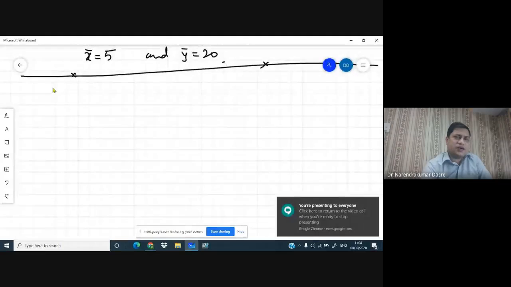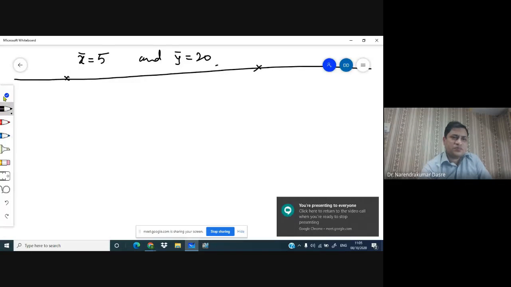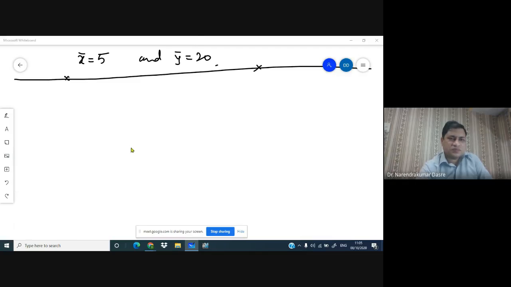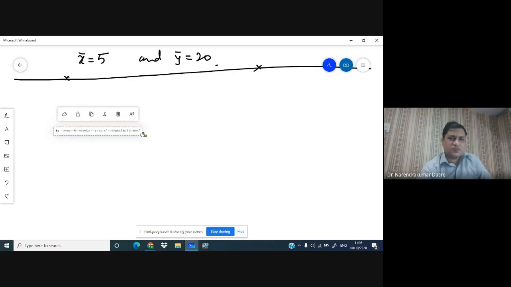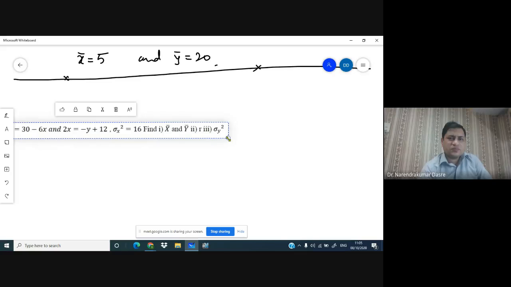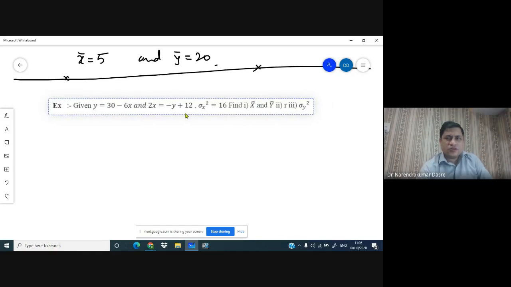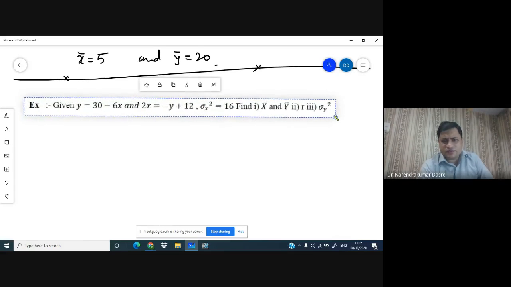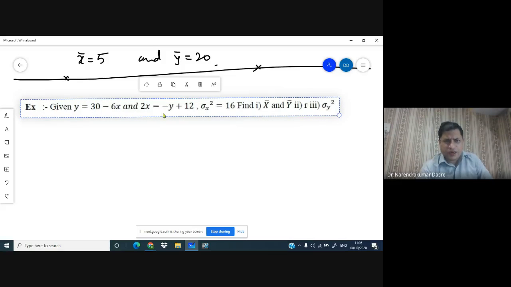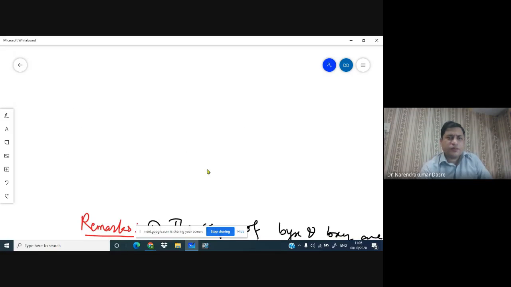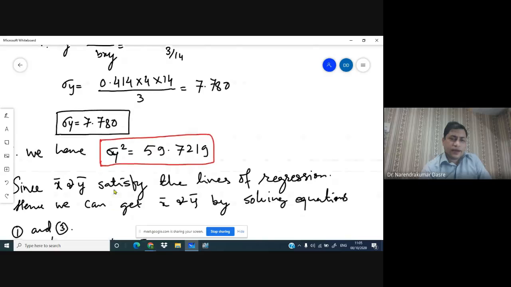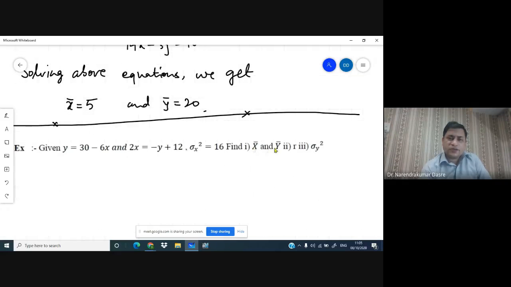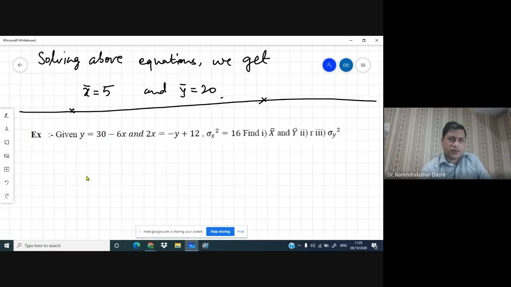We have another example. Very similar. Now we have to find out again the x bar, y bar, r and sigma y square.